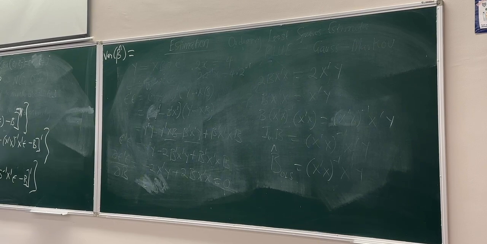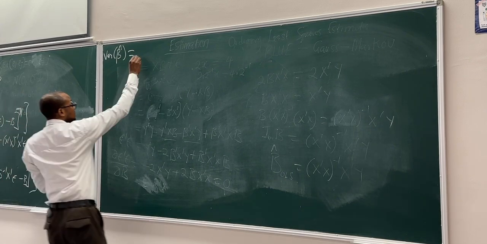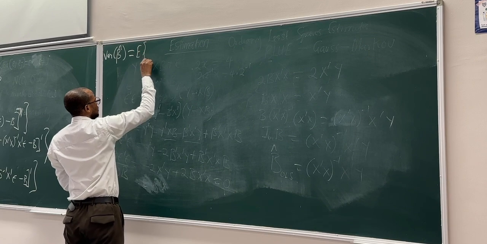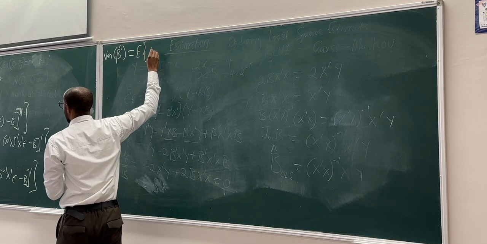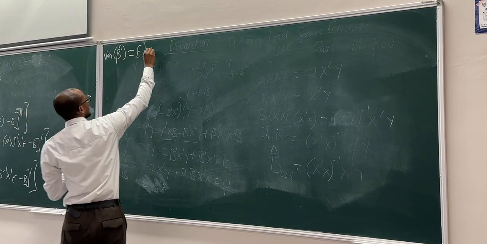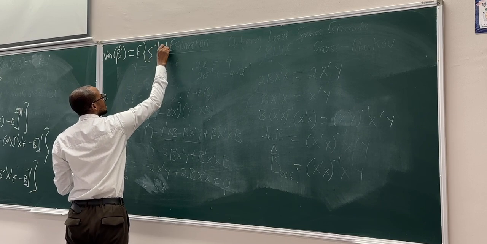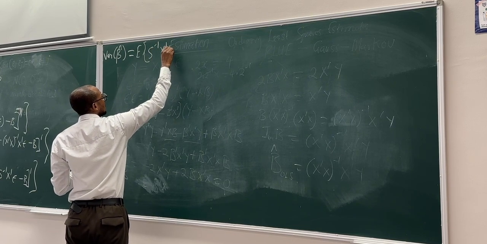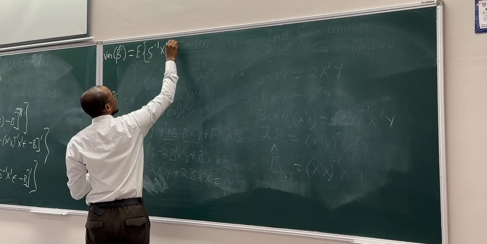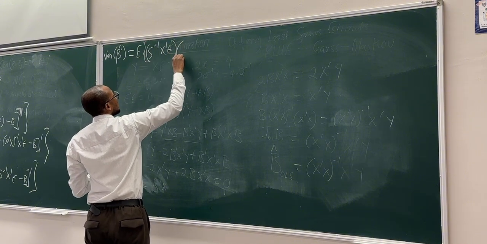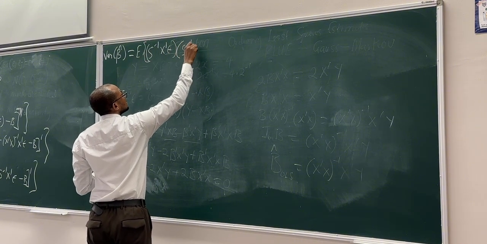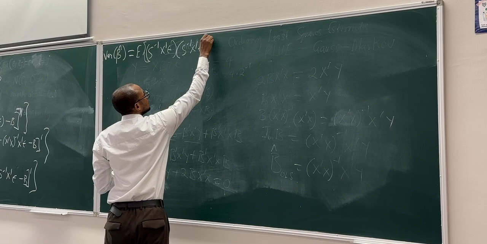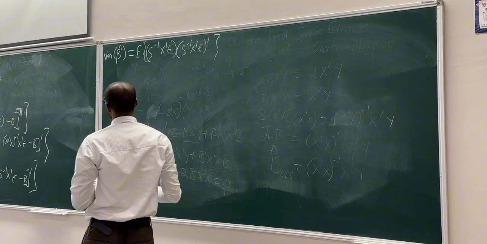X inverse x prime e, because when we are left with b, b minus b will go away. So that gives us the expectation of x inverse x prime e. Then here we're going to have the same thing. Then transpose. We've reduced it.